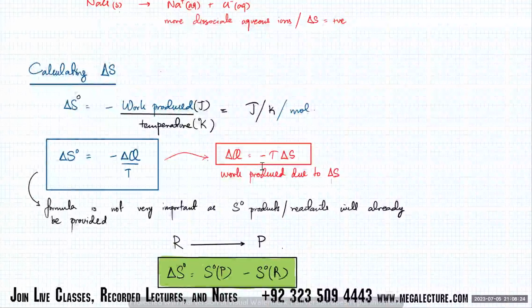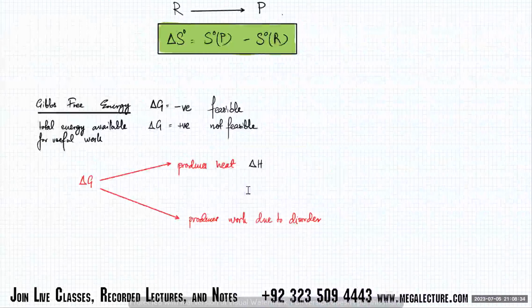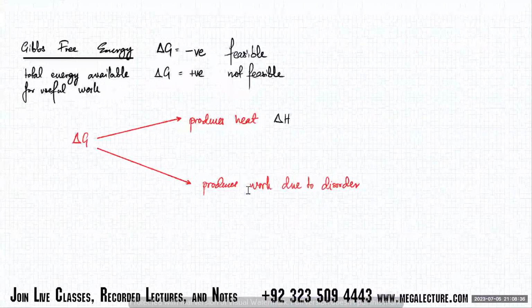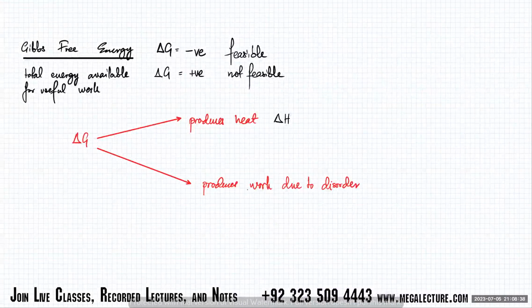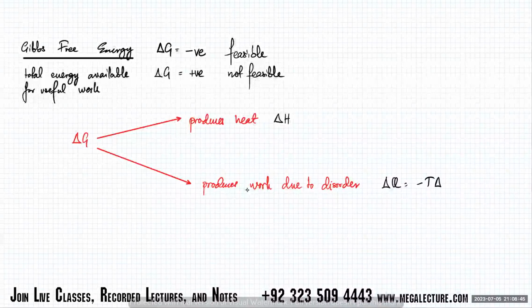Okay, so I just rearranged the formula for delta S and I got the formula for work produced due to delta S. So I'm just going to put it over here. My delta Q is minus T times delta S. So I'm going to put the two terms together. So what is delta G? Delta G is basically the sum of the two things.